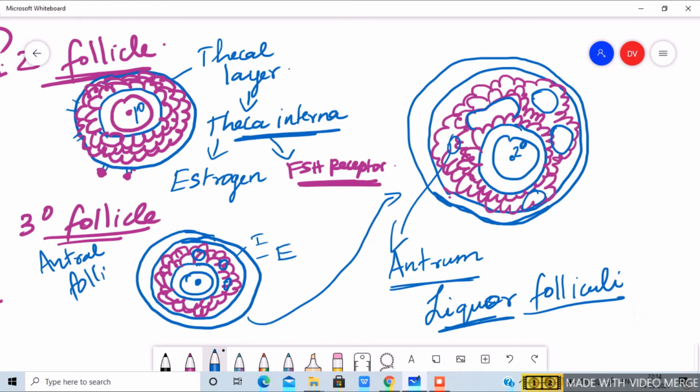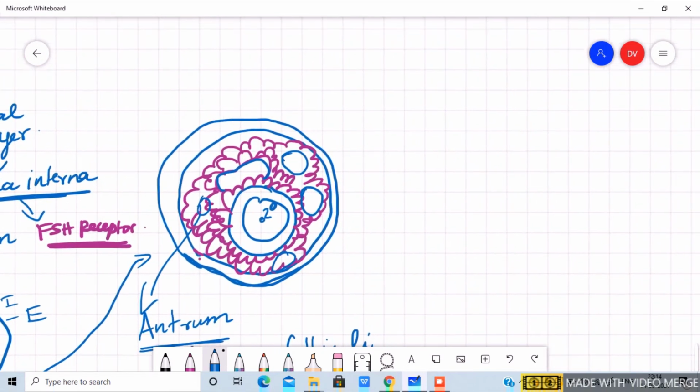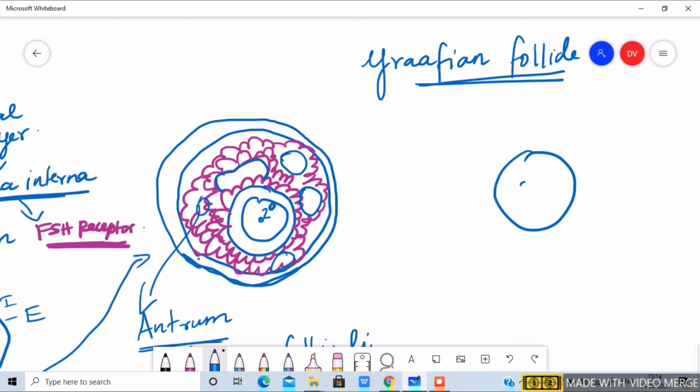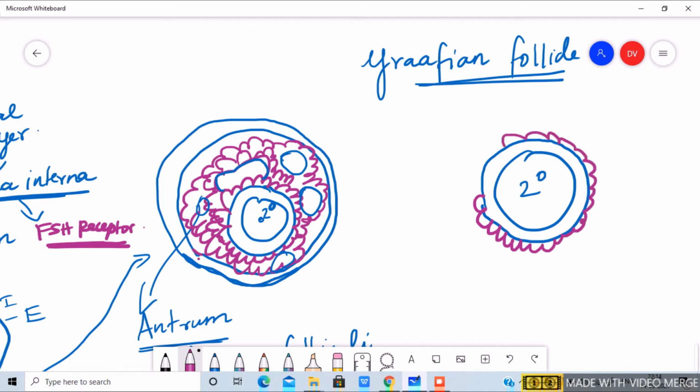Now finally the 14th day. Next, the formation of the Graafian follicle. The Graafian follicle is the complete mature follicle. Inside you have the secondary oocyte, surrounded by the zona pellucida. The granulosa cells will arrange themselves like this. You can see some layer attached to the zona pellucida.